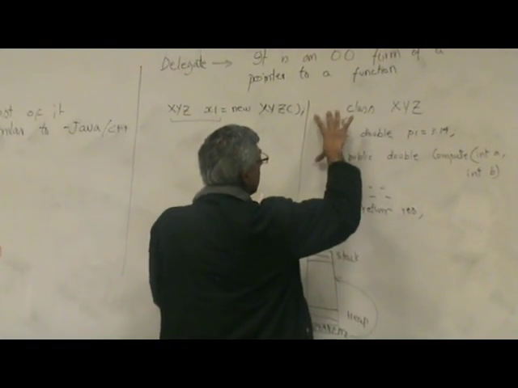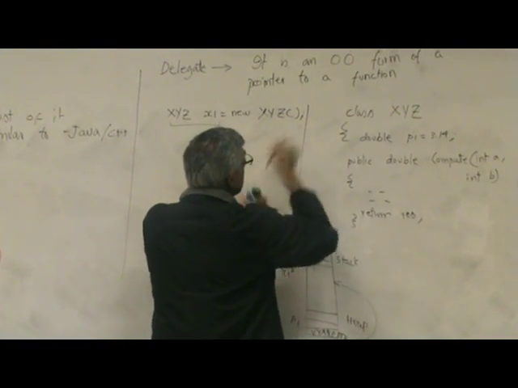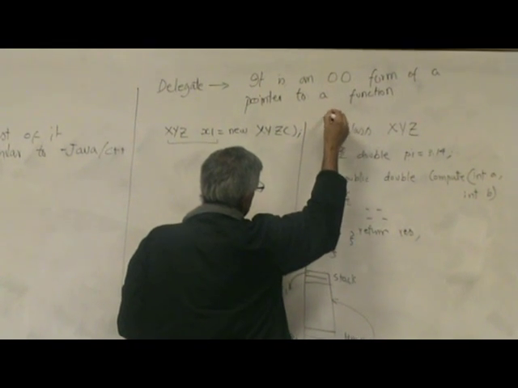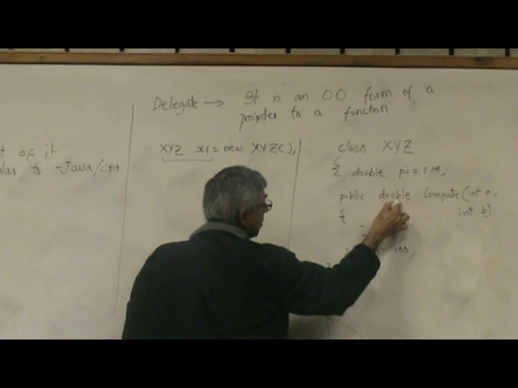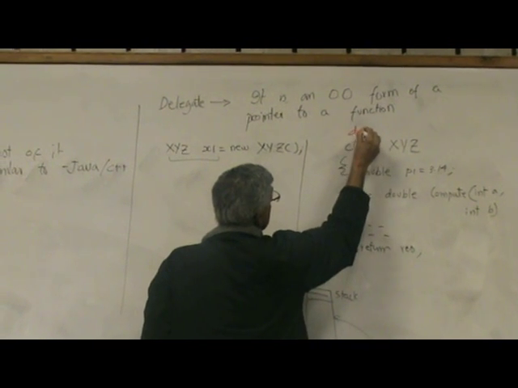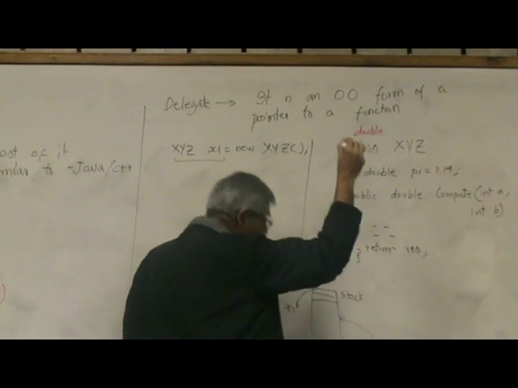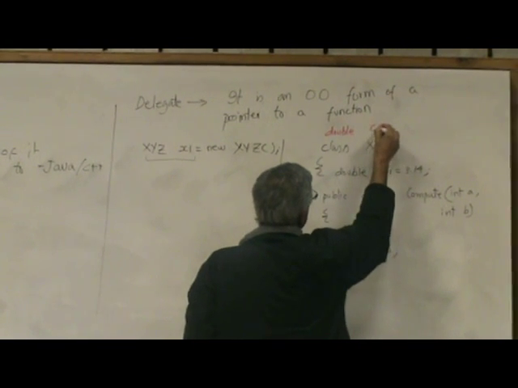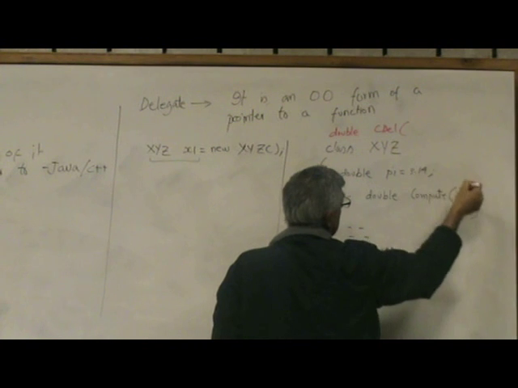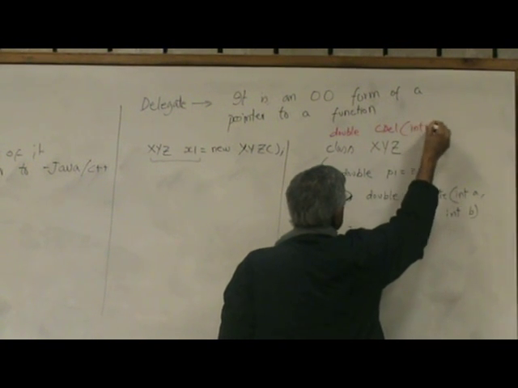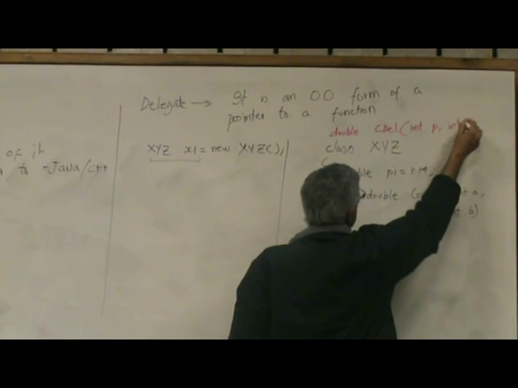Anywhere outside of a class, we can go and say, for example, if our goal is to point to this function, the signature of this function is double. Let me call it CDEL, short for compute delegate, then int p, int q.